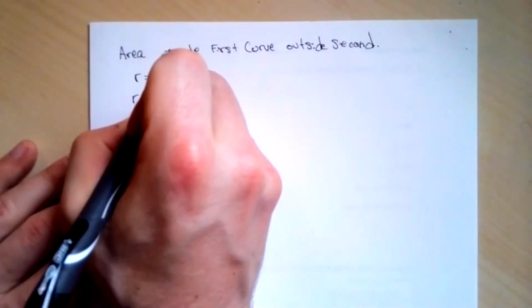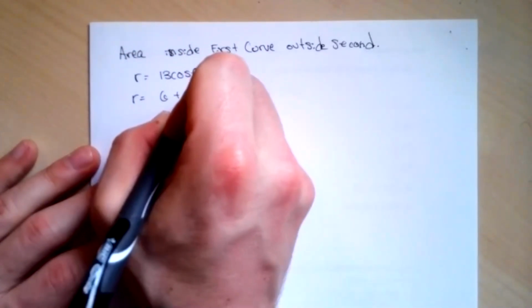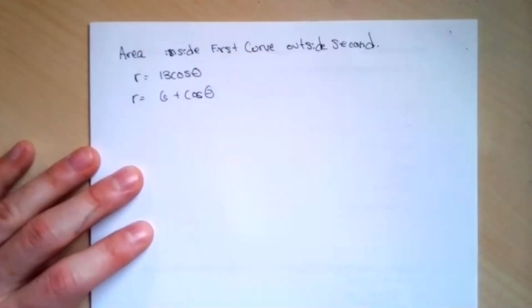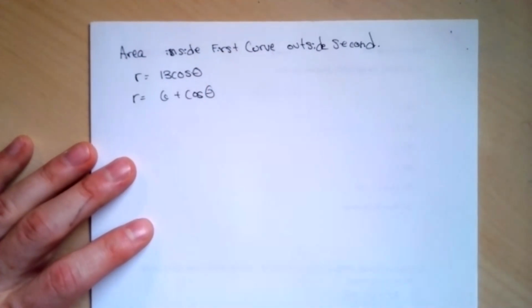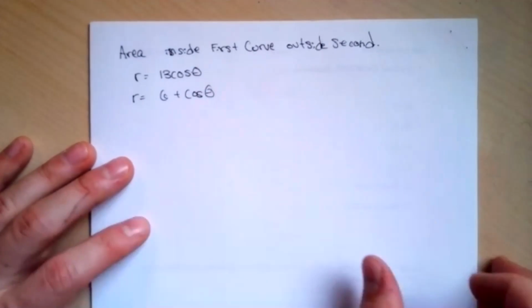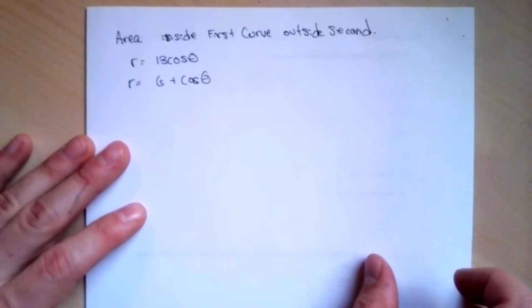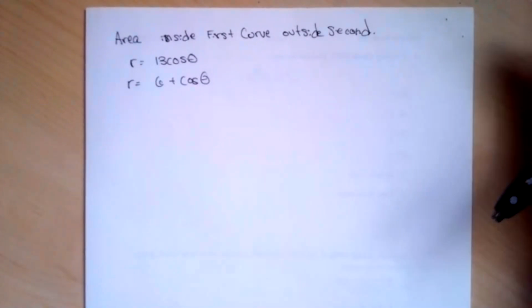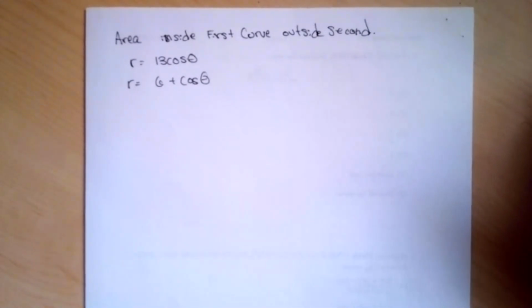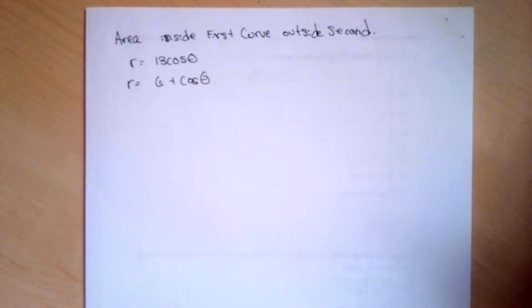Second curve, r = 6 plus cosine theta. So you want to graph them.